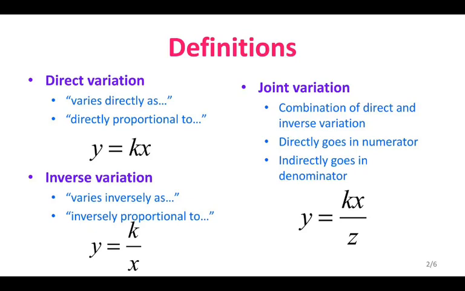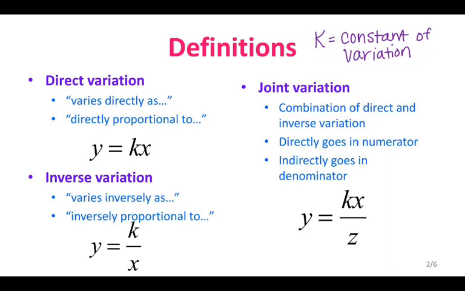And k, which I'm going to go ahead and put in this corner over here to find k is the constant of variation. So for direct variation, it's y equals kx.